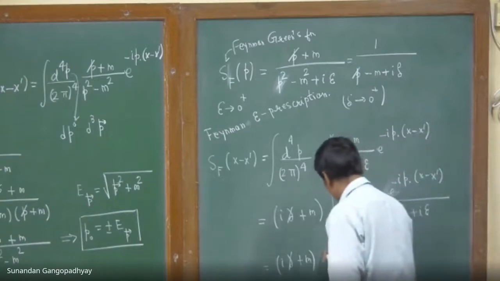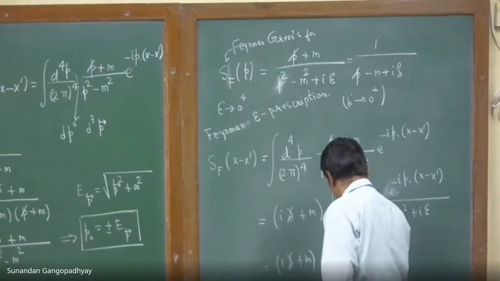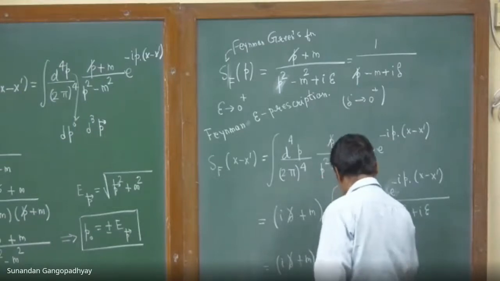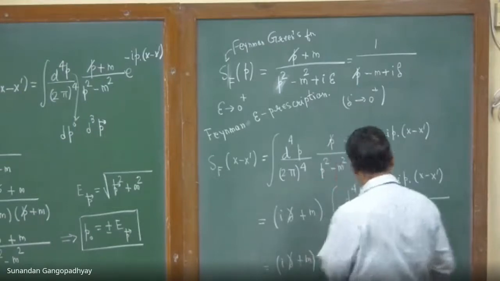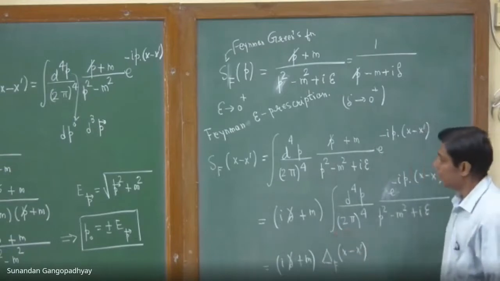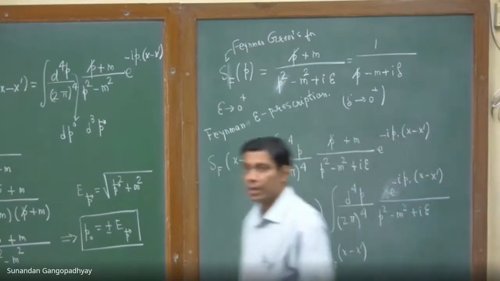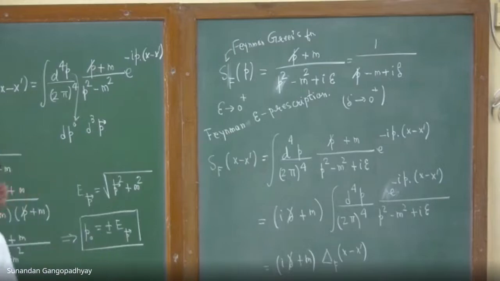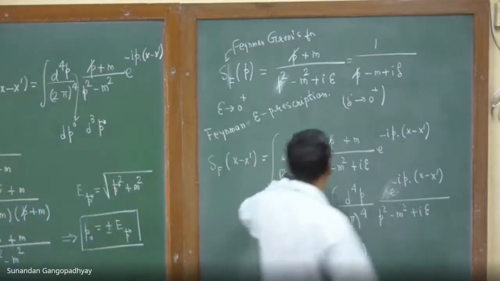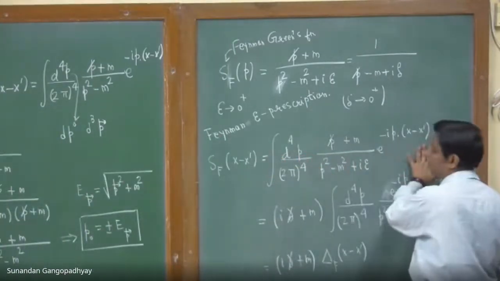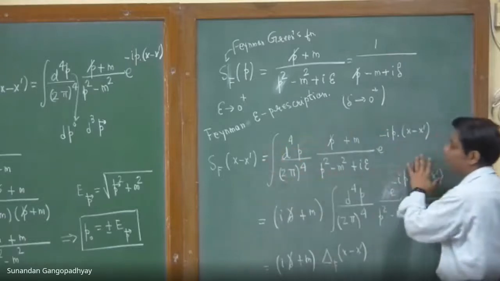This is nothing but the Feynman Green's function for the real scalar. Therefore, we can now see a nice relation between the two. We don't need to calculate the p0 integral using this expression from scratch.